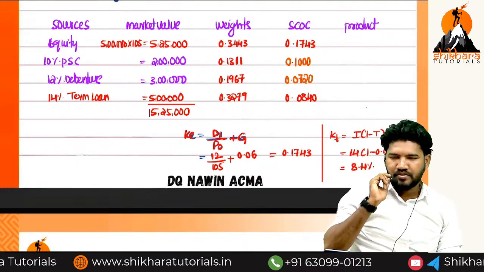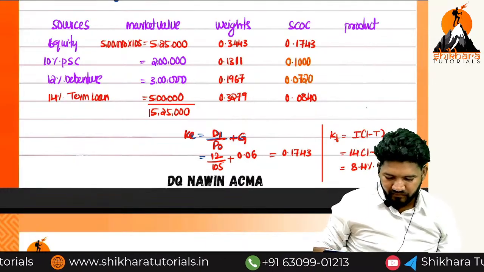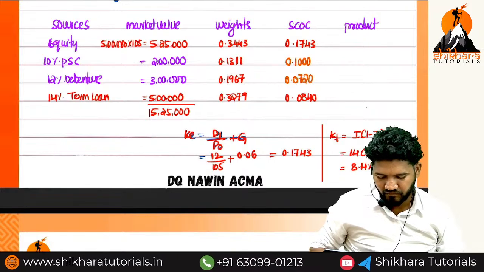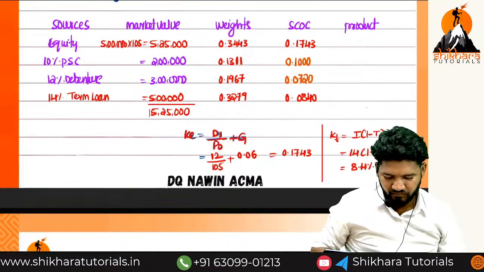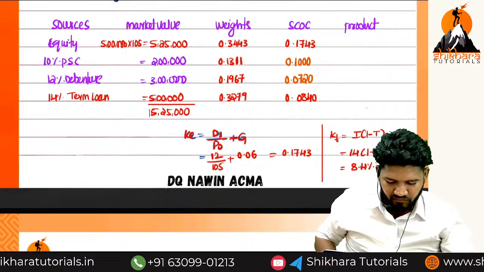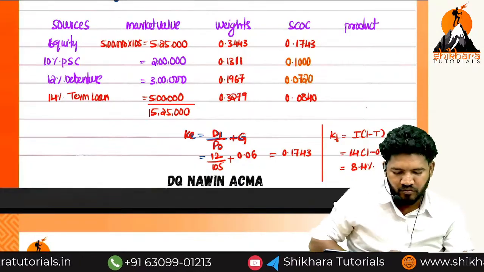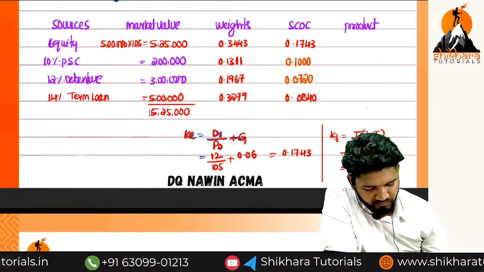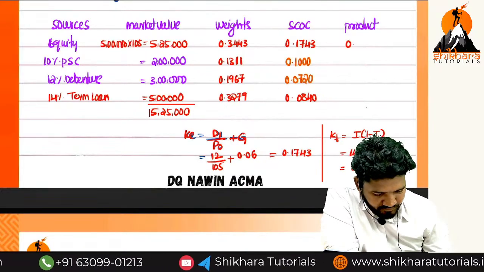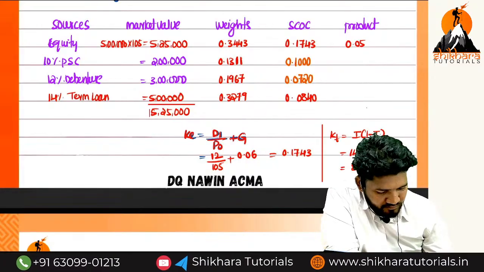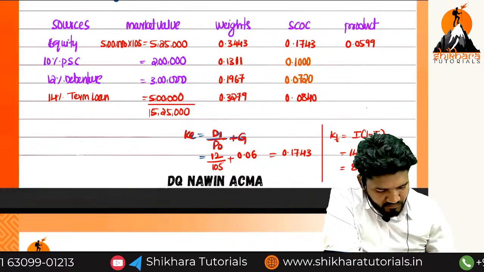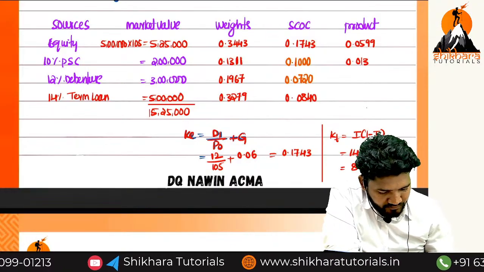Now products, please. Products. 0.0599. Next, 0.01311.